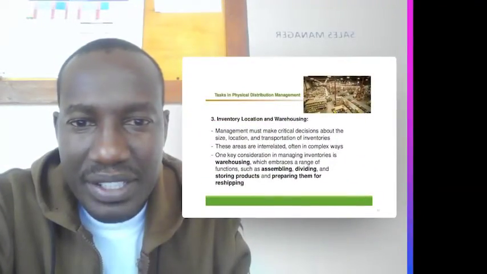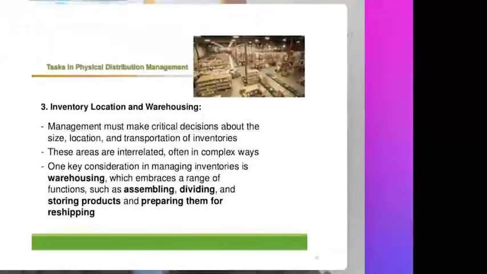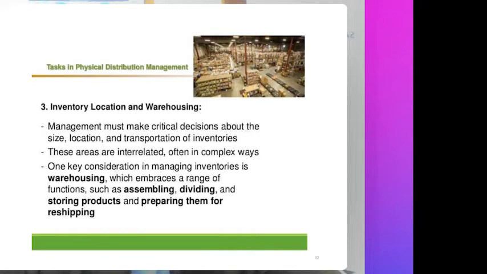Number 3, inventory location and warehousing. This involves making sure that in your different locations there's enough stock, and these locations are strategically decided on to ensure that customers can easily access products.